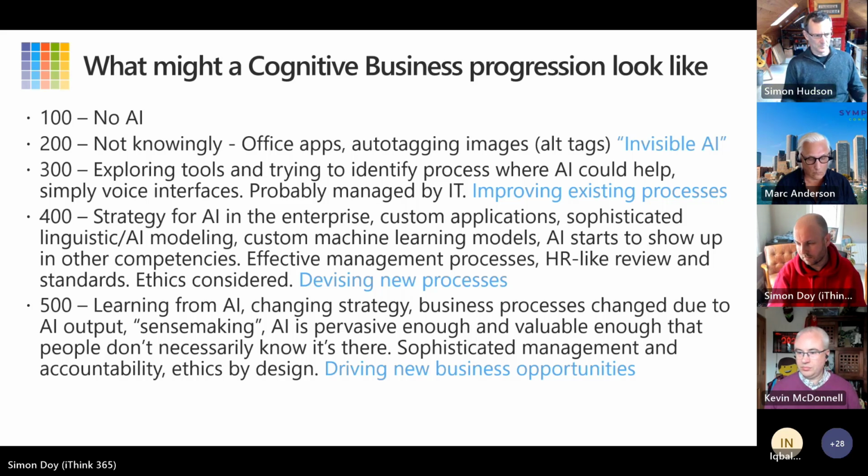So we have that. At 400, we would also expect to see companies that have got an active strategy around AI, and that's aligned with some effective management processes. There's some interesting things that I'm going to just touch on again in a moment around HR-like review. We're getting into people understanding what the ethics and other responsible use of AI are.